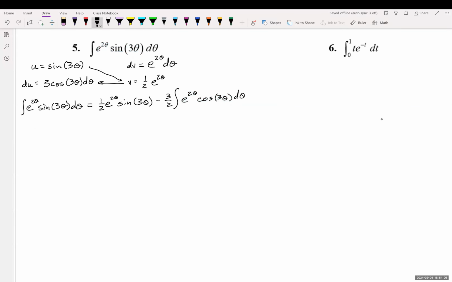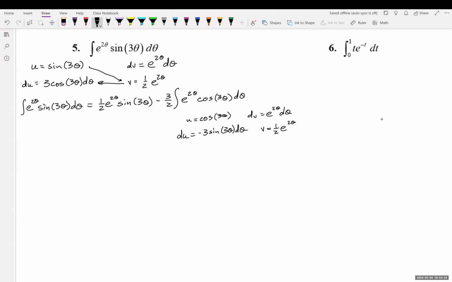If we let u equal cosine 3 theta and dv equal e to the 2 theta d theta, here, when we take a derivative, we're going to get negative 3 sine 3 theta d theta. And over here, we're going to have the same thing that we had a moment ago, right?